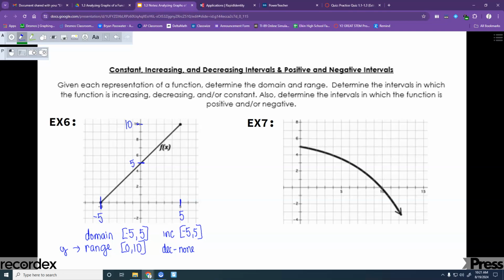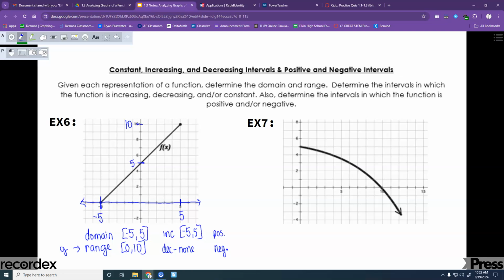Okay? When we're thinking about positive and negative, we want to think about where that x-axis is at. Okay? And we're looking for where this positive, we're looking above the x-axis. Negative, we're looking below the x-axis. Is it ever negative?